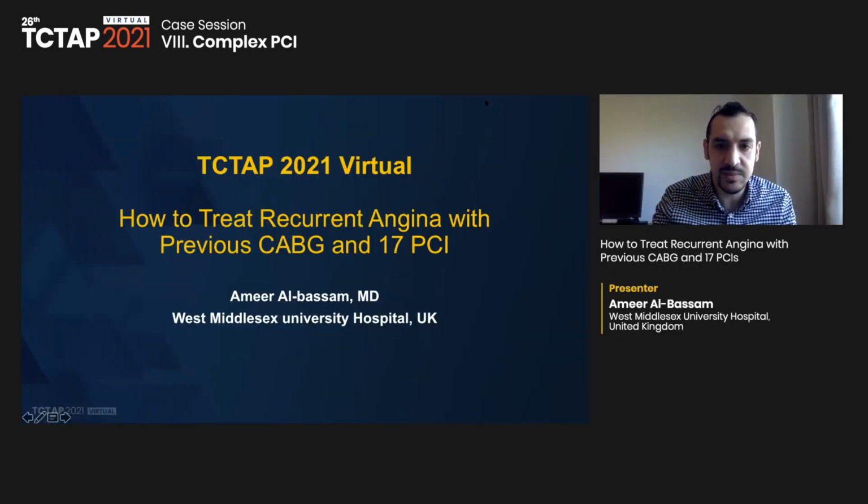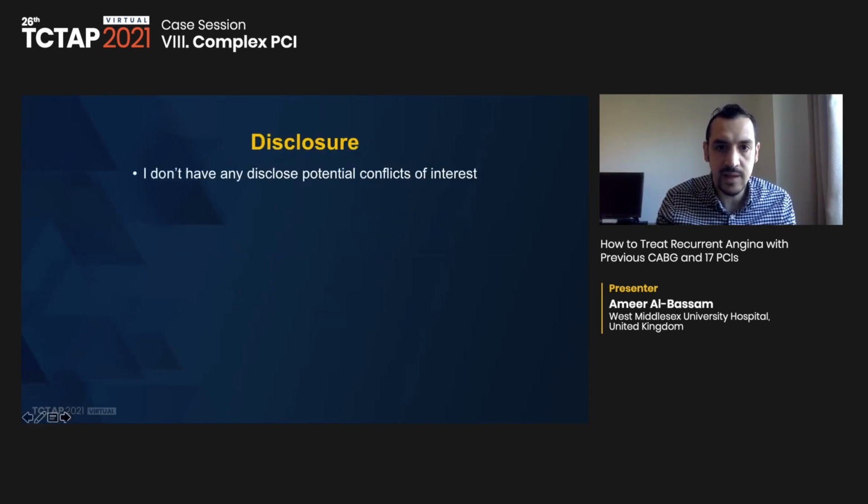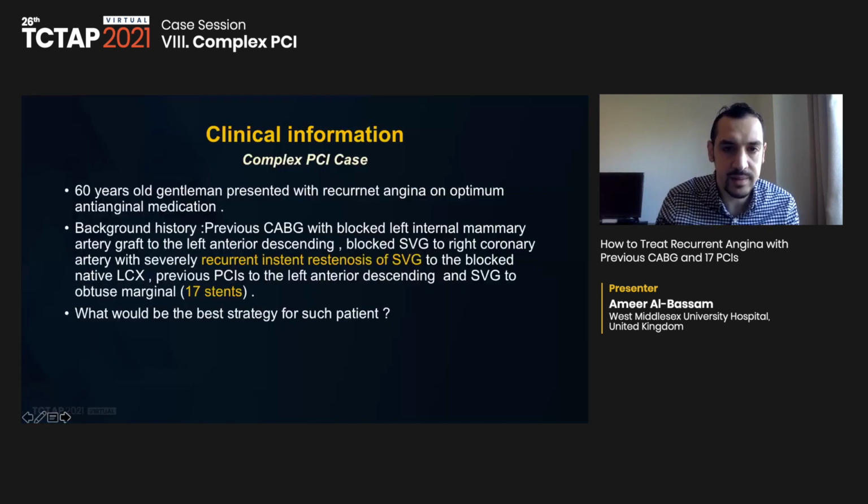I don't have any disclosure to start with. Basically, this is a 60-year-old gentleman with a history of recurrent angina on three anti-anginal medications, including bisoprolol, isosorbide mononitrate, and ranolazine. The poor guy had a previous CABG, which was complicated by a blocked left internal mammary, so we had to stent everything, the LAD to the left main stem, four years ago in 2015.